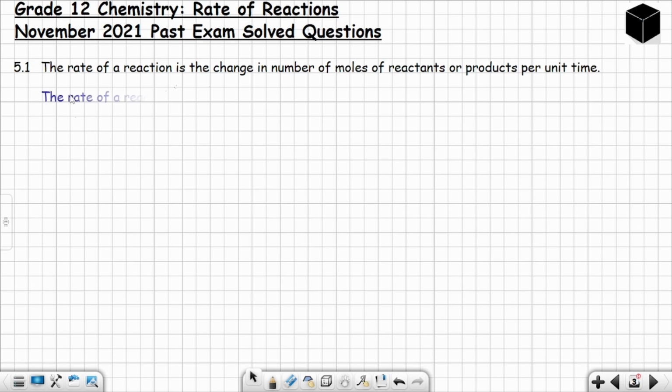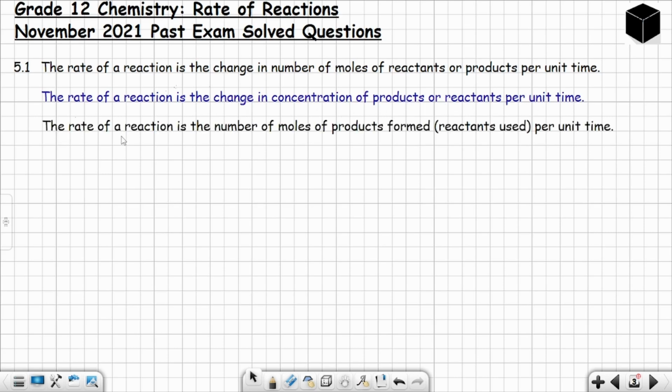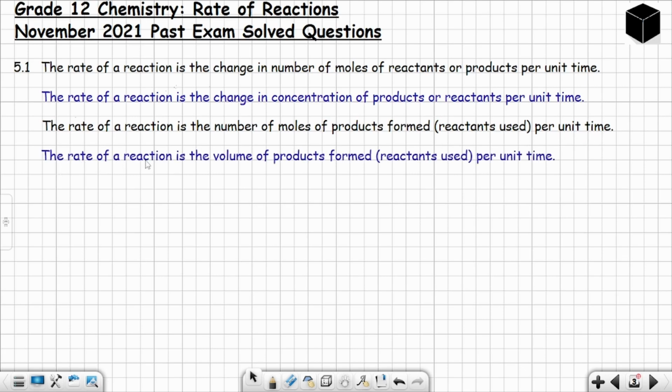The other one can be the rate of a reaction is the change in concentration of product or reactant per unit time. The other one can be the rate of reaction is the number of moles of product formed or the number of moles of reactant used per unit time. The other definition can be the rate of a reaction is the volume of product formed or the volume of reactant used per unit time.